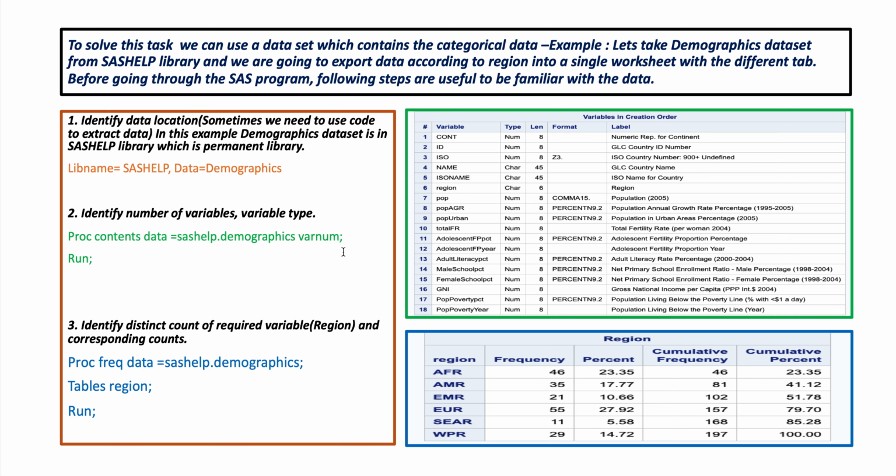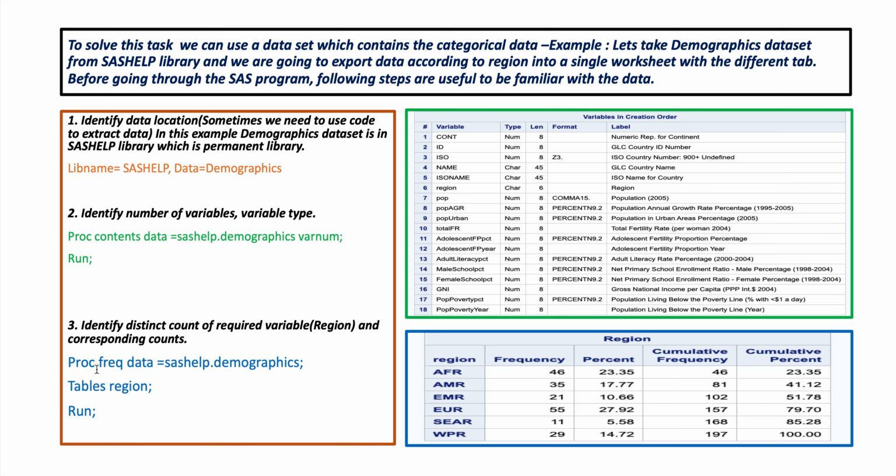When we run this first set of code, it will display the result as shown on the right side, first table. It has 18 variables and we are concerned with the variable region, which is a character variable and its length is 6.